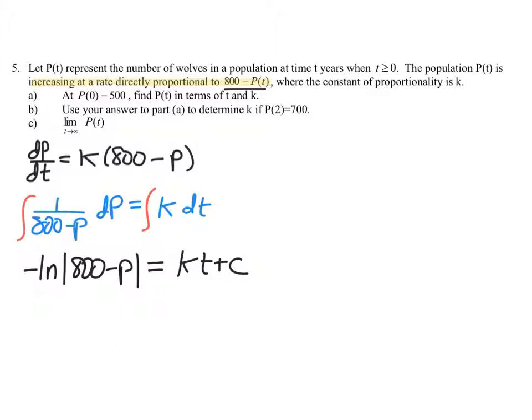When that happens, we want to clean it up. Also, we eventually have to find a limit from this, and the limit is related to the function P. So I need to solve this for P in terms of t.